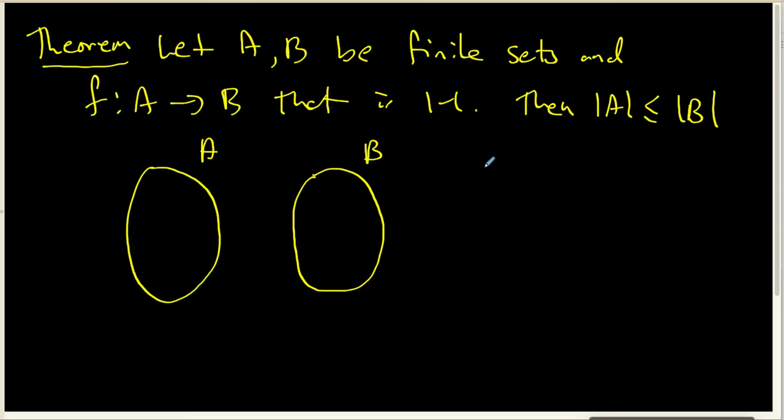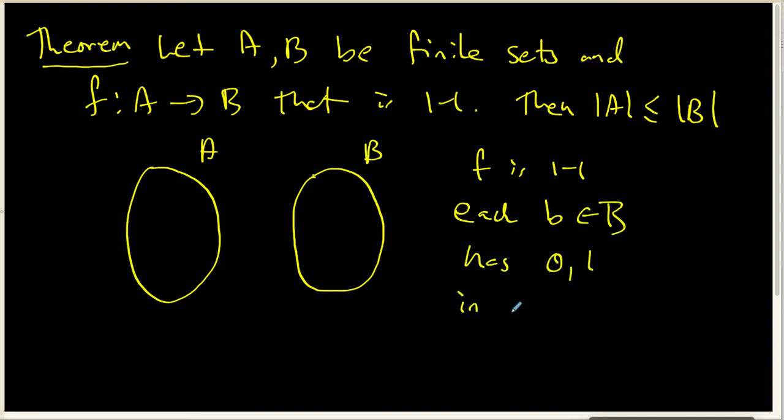And we can illustrate why this works, rather than doing a formal proof, by simply thinking about what one-to-one functions mean. In arrow diagrams, f is 1 to 1 means each b has 0 or 1 incoming arrows.